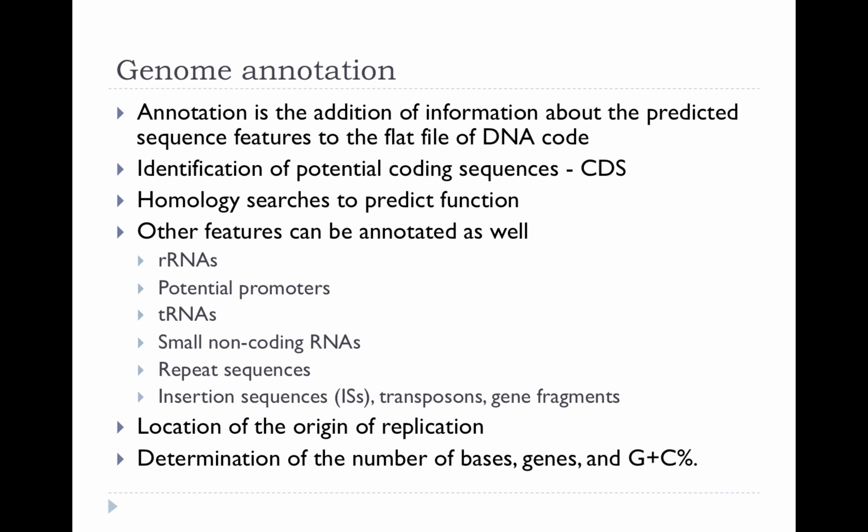When you look at the bacterial genome, you can also locate the origin of replication because there's a bias in the way in which nucleotides are used, and so that's a relatively easy thing to do. And people just count up the number of bases, the number of genes, the G plus C percentage of the genome when they're writing up these genome papers as general properties of the genome.